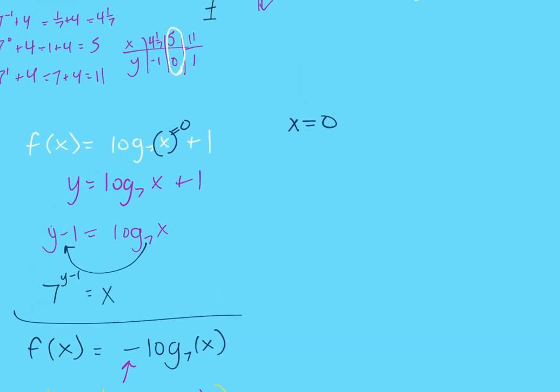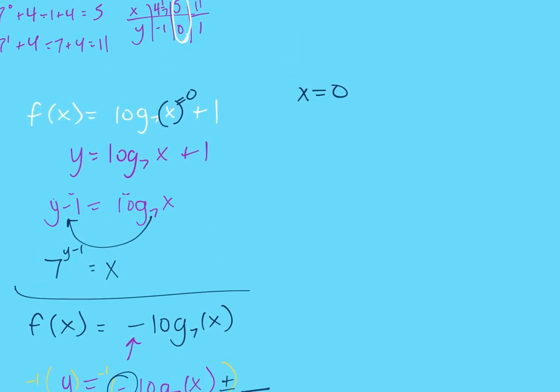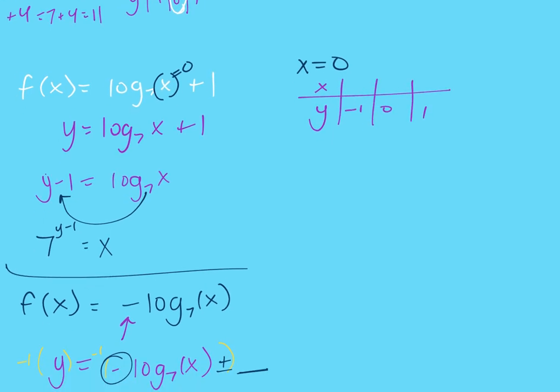The one before it. So I plug in negative 1, 0, and 1 for the exponent minus 1. So I get 7 to the negative 2, which is 1/49, 7 to the negative first, which is 1/7, and 7 to the 0, which is 1.